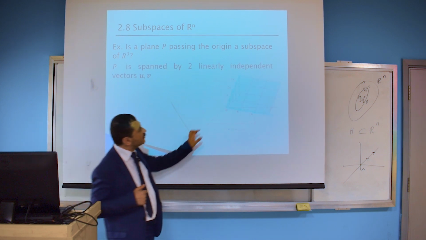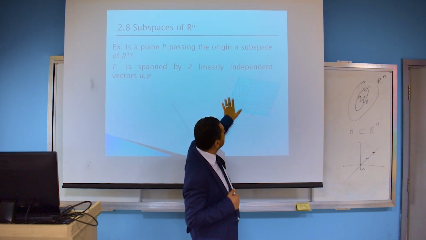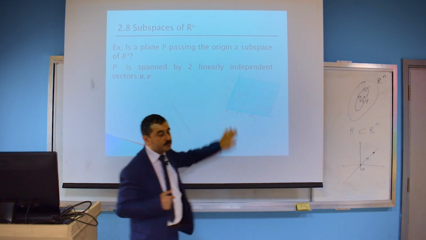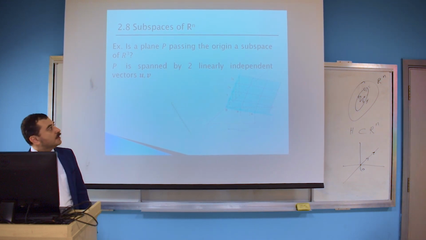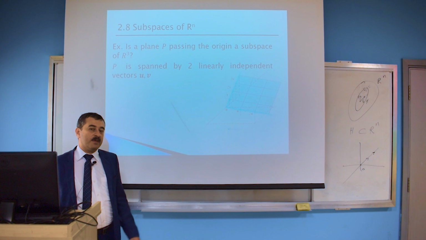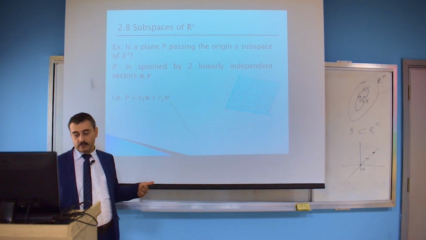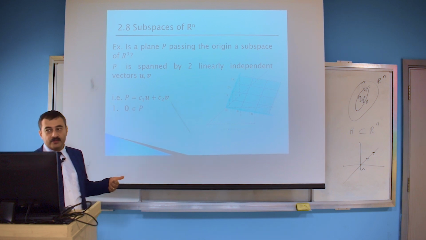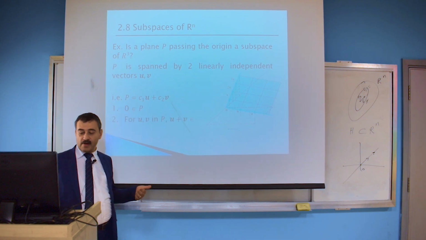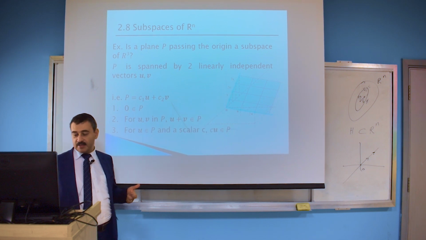If you look at this example, if you have u and v linearly independent, they can span this whole plane. So does this plane satisfy the conditions for a subspace? The 0 vector is on the plane, right? And if you add two vectors, the sum would be on the plane. And the scalar multiple would be on the plane. So this plane is a subspace in R3.